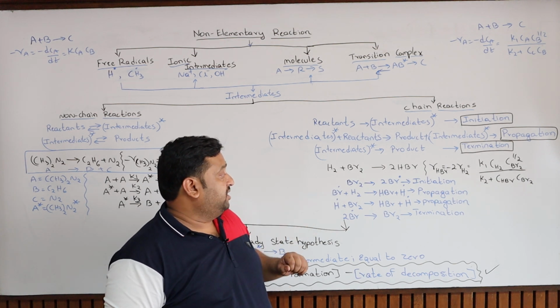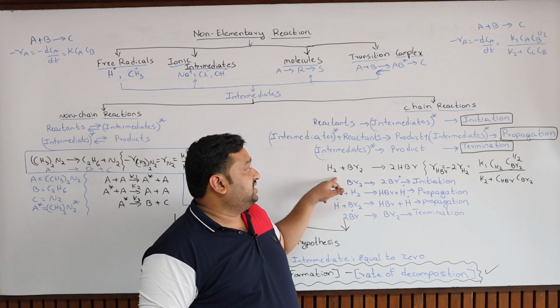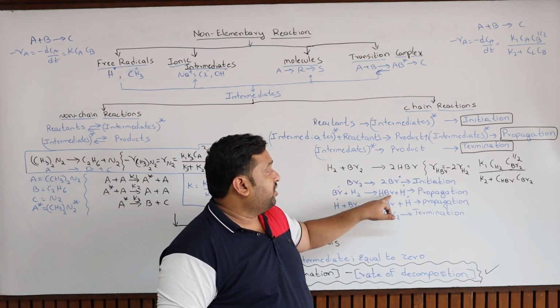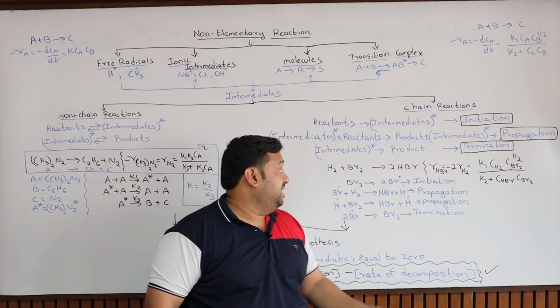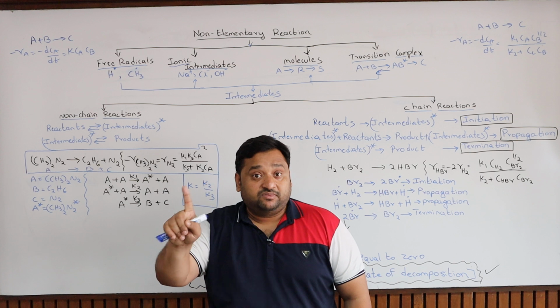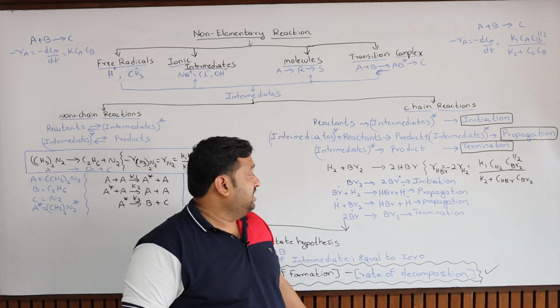Let us see propagation. This intermediate, which got generated because of the initiation step, reacts with hydrogen to form the product HBr plus some more intermediate. Wherever more intermediates are getting generated by a reaction, that reaction is called a propagation reaction.